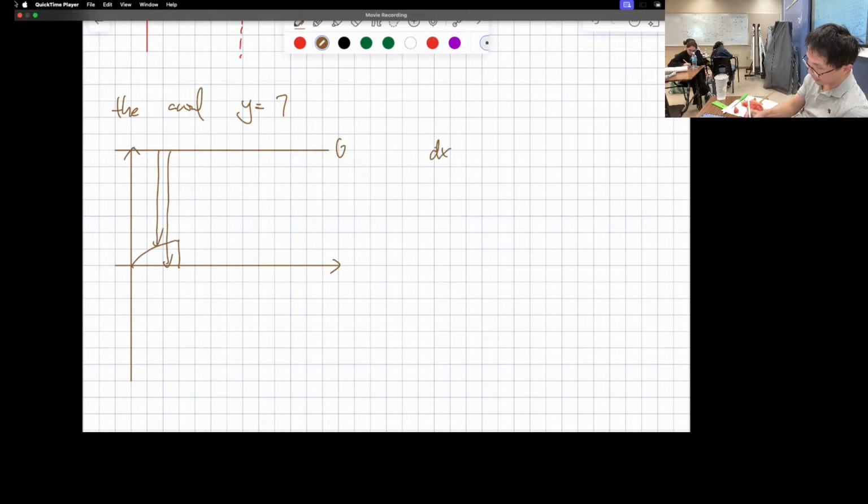So this is a dx. This is a washer. And this is 0 to 3, actually, not root 3. So it's going to be 0 to 3, pi. The big R is going to be 7 squared. The small r is 7 minus the function, which is square root x, squared dx.